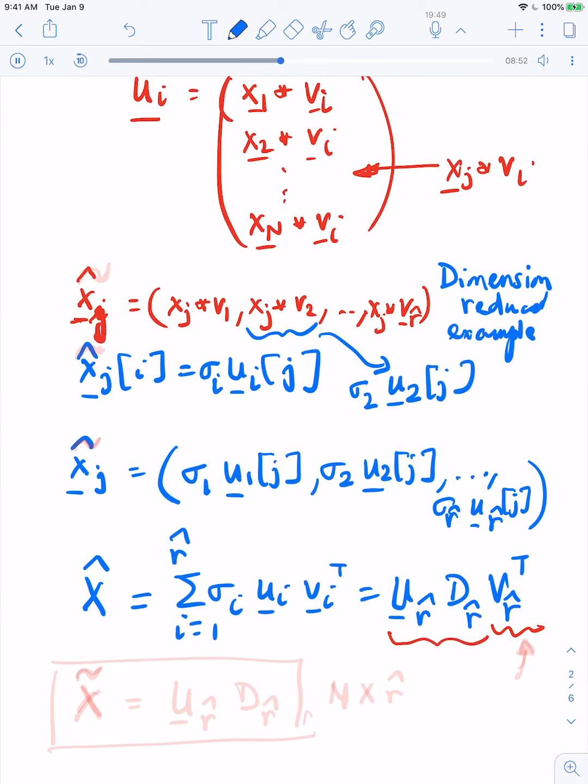So basically, my new data representation is X tilde, which is the truncated version of this thing, U r hat D r hat. I don't really need to keep track of what linear combinations I took of the features.